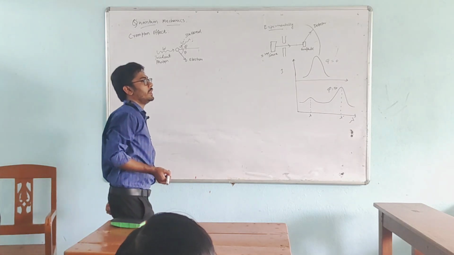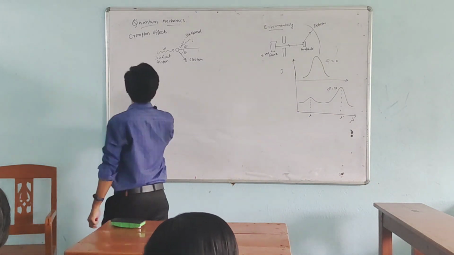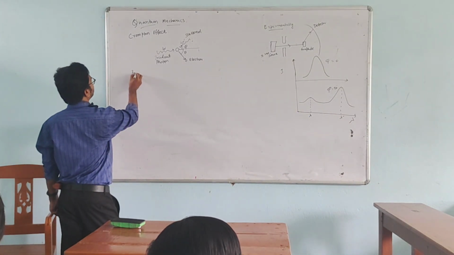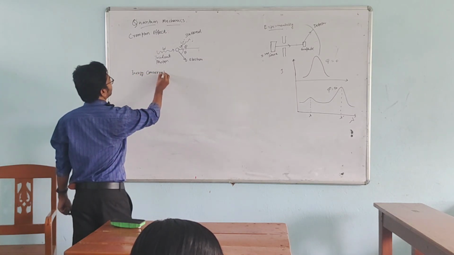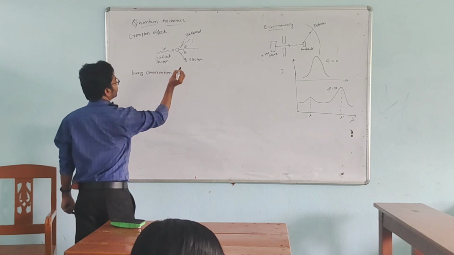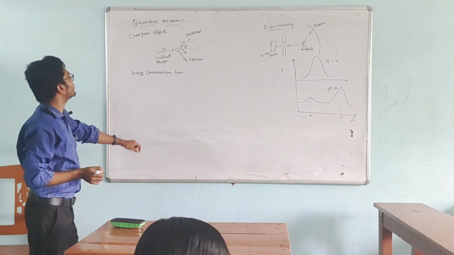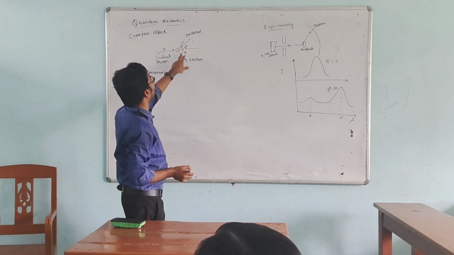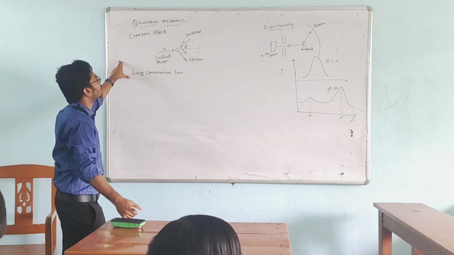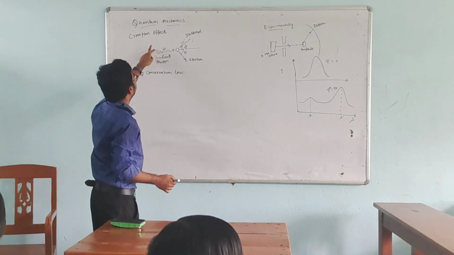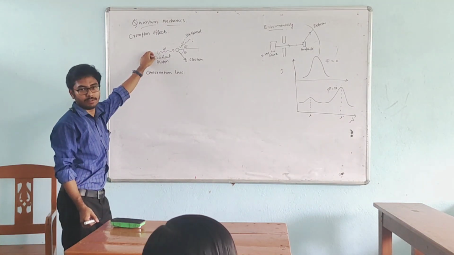So first we will apply the energy conservation law. This energy should be the same as these two energies. Here, what is the energy of the incident photon? h nu.